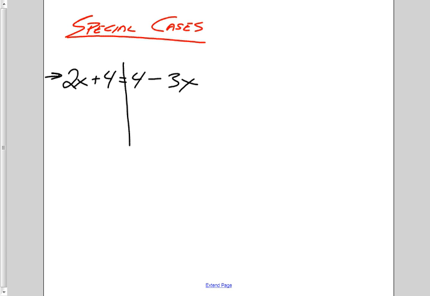And what happens, I can add this 5x, or I'm sorry, let's go back here a little bit. I can add this 3x, and then I can subtract this 4, and I get multiple things that cancel out.